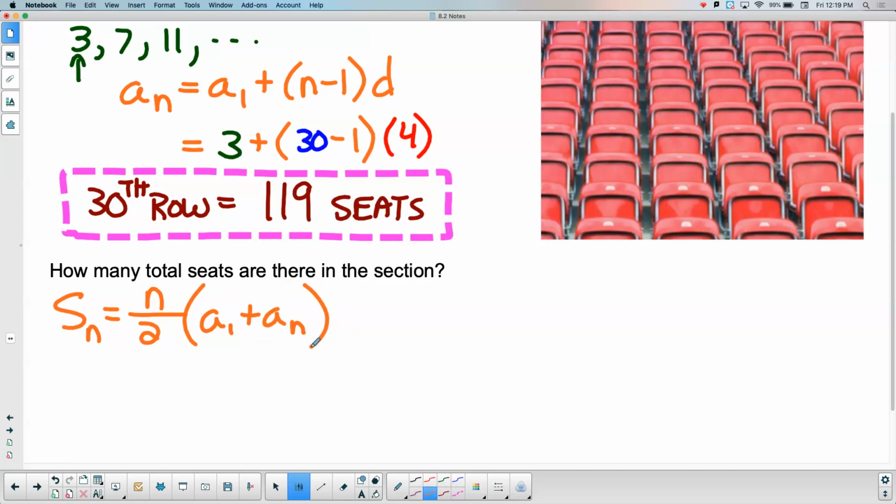How many rows are in the section? 30. What's the first row have? 3. What's the last row have? 119.